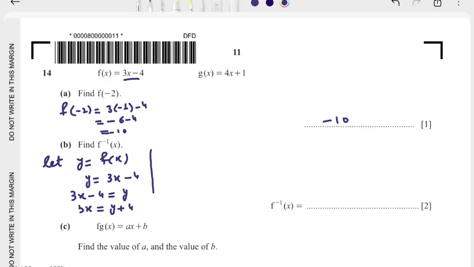We will divide by 3. So x is equal to (y plus 4) by 3. Now we'll make the inverse. So f inverse would be equal to, we have to replace this dummy variable with x. So (x plus 4) divided by 3 would be the final answer.